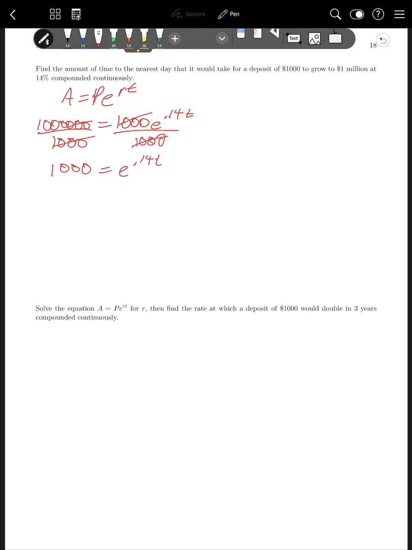Now, to get rid of the e and to get at this exponent, you use the definition of logarithm. So this will be the natural log of 1,000 equals 0.14t, and then divide by 0.14. And then we can put this in the calculator to get an approximation.